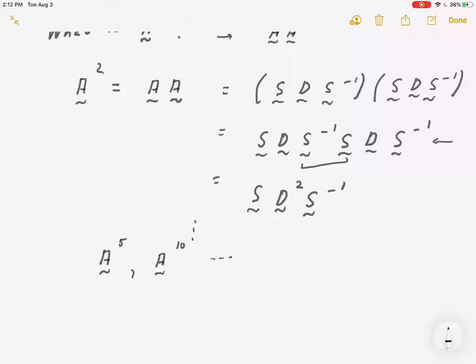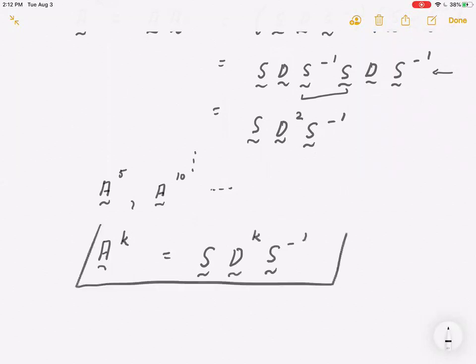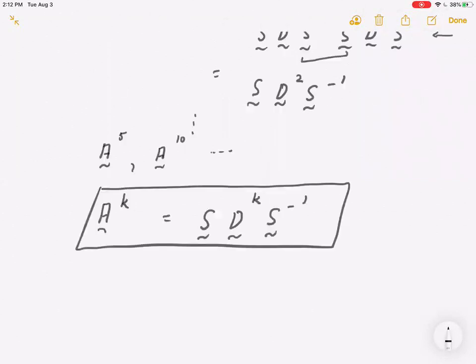And it's easy to see, you should prove to yourself, that if you take the matrix A and raise it to the kth power, it gives you an answer that has no effect on the matrix S. Nothing happens to S. Everything, all the action, happens on the diagonal matrix D, so this is the diagonal matrix raised to the kth power.